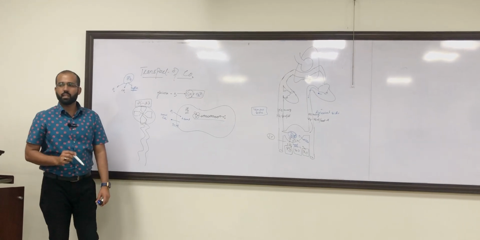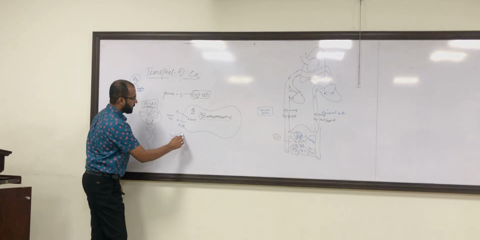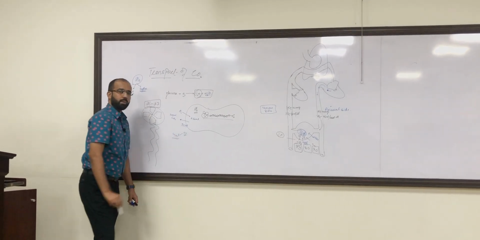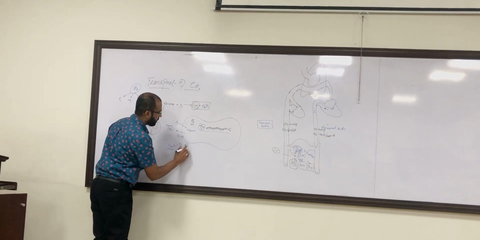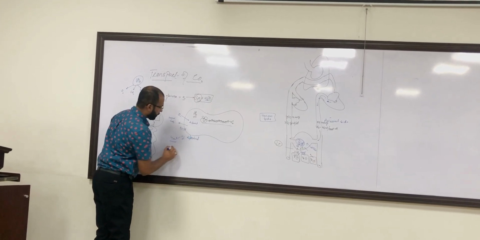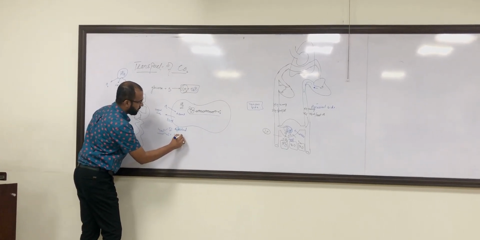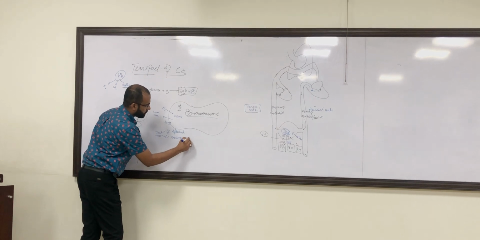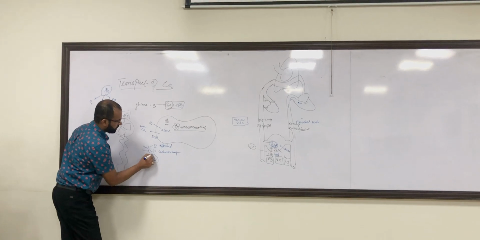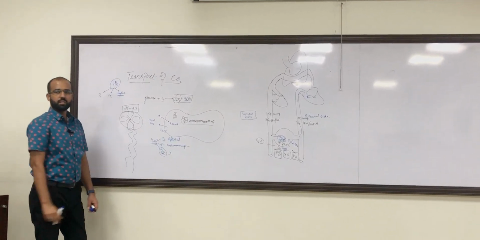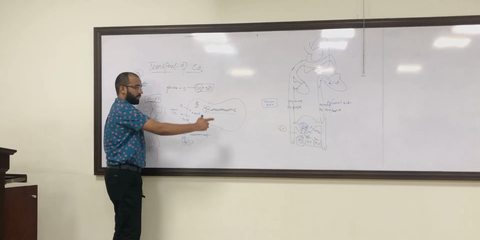We will see that 5% of the carbon dioxide is removed in dissolved form, as dissolved carbon dioxide, and 5% in carbamino compounds, and 90% is neither as carbon dioxide nor as carbamino compounds. So what is this? We will see later.